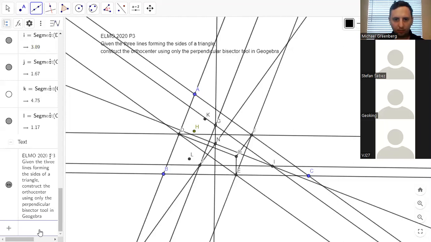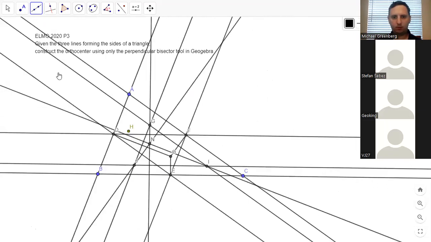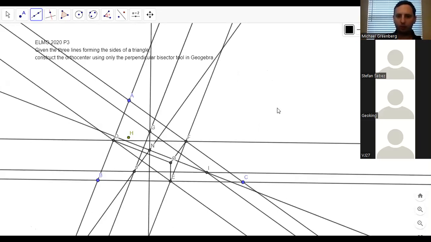I don't know if that helps that much. I'm going to erase those. Because H, we just need to get stuff. We can mark the midpoint of NO.